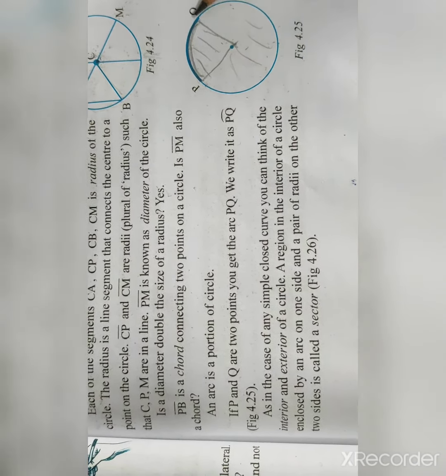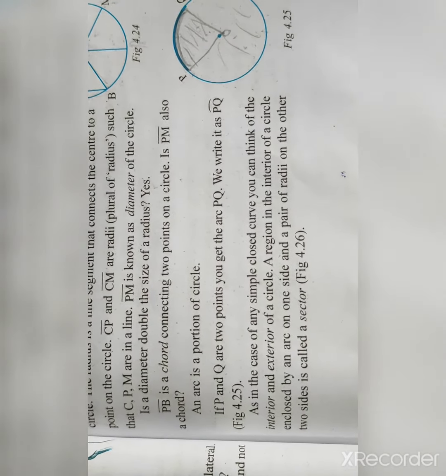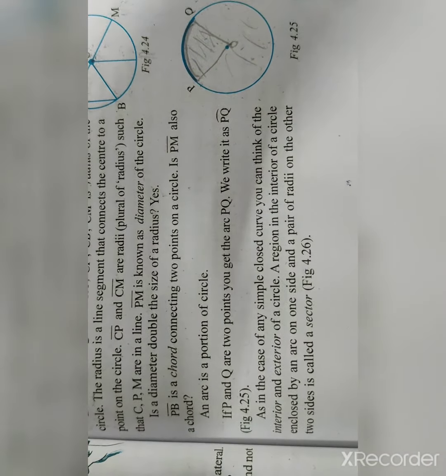See here, a region in the interior of a circle enclosed by an arc on one side and a pair of radii, if O is the center, so OP and OQ, on the other 2 sides is called a sector. So this whole part is called a sector.